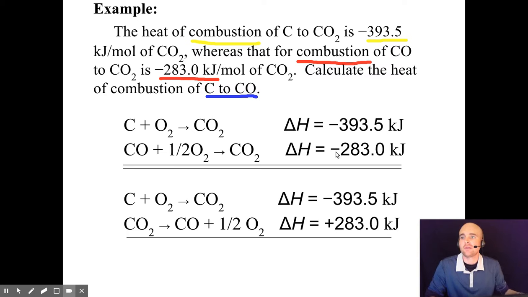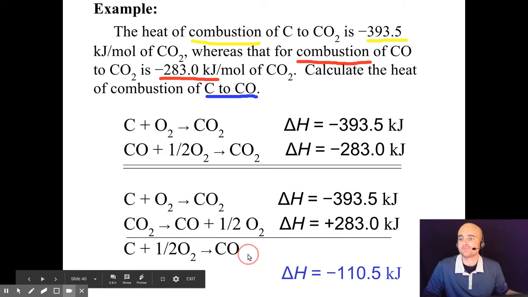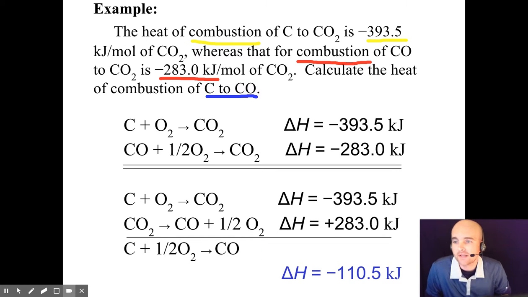Remember, when we do that, we have to flip the signs. So when we do that, we end up with 1/2 of oxygen on the left. So we're still combusting carbon into carbon monoxide, and that gives us a final enthalpy of negative 110.5 kilojoules.